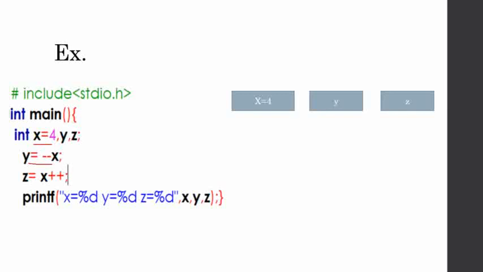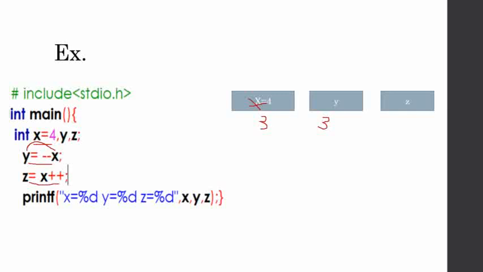So first the updation part will be evaluated. Now the value of x is decremented by 1, so now the value of x is 3, and then the value 3 will be assigned to y, so the value of y is 3.